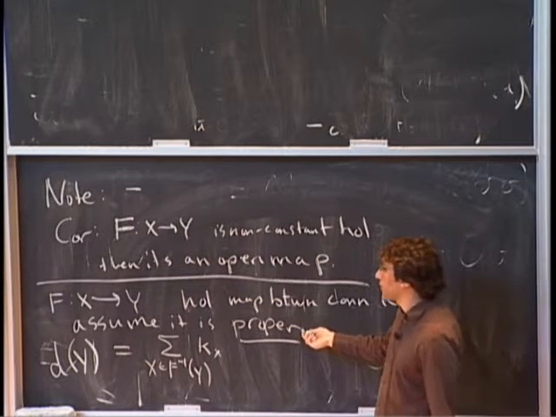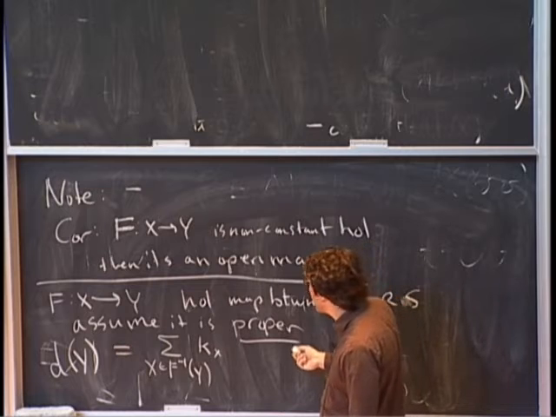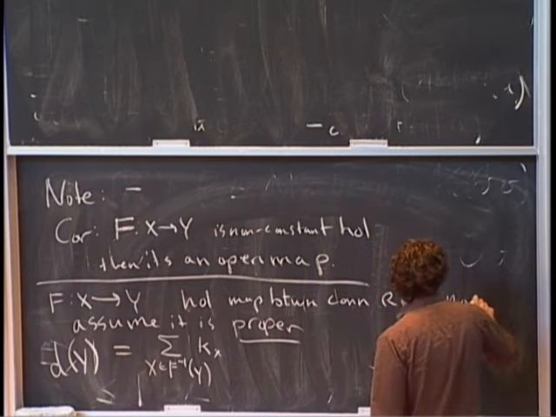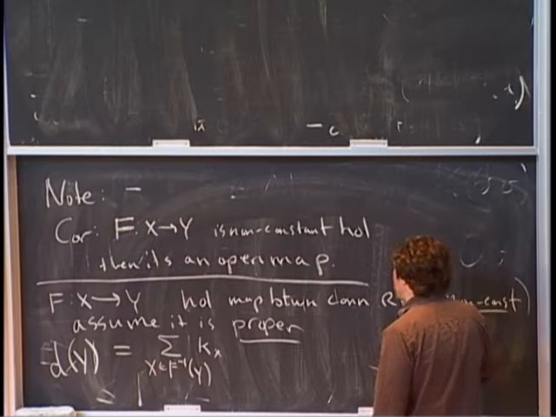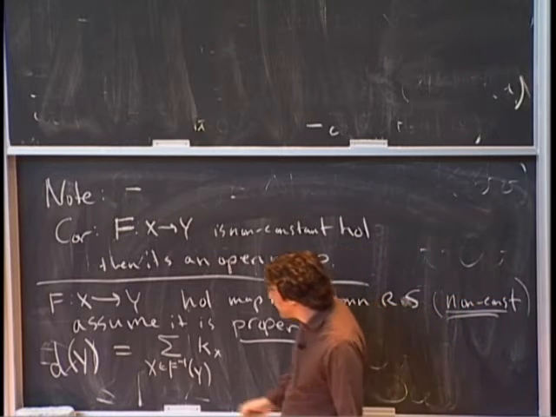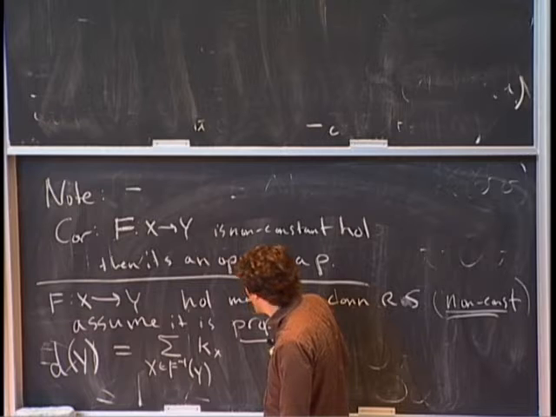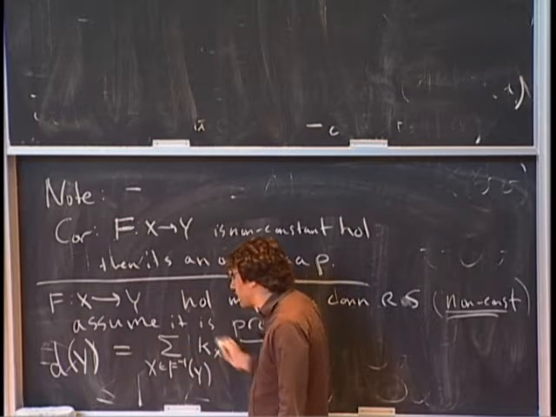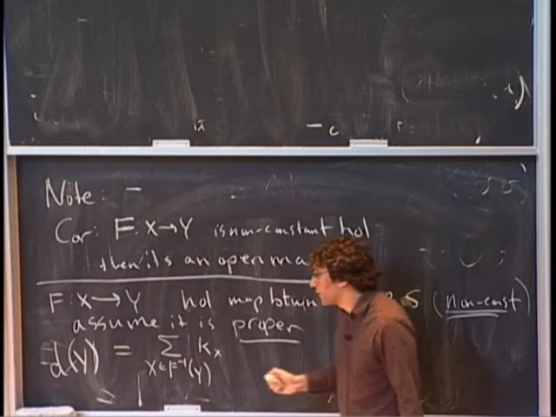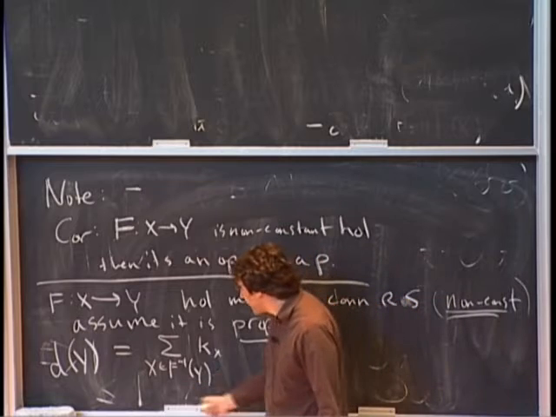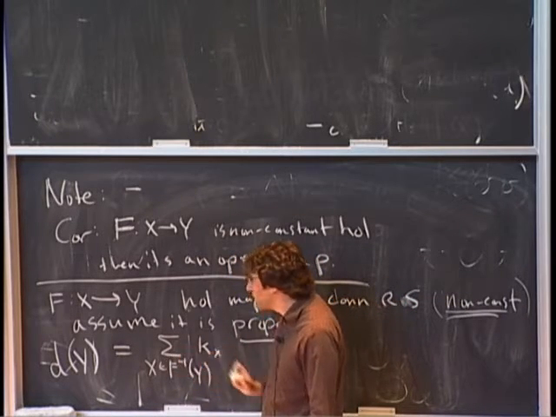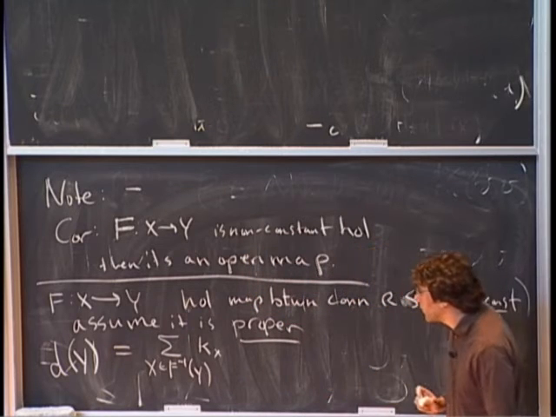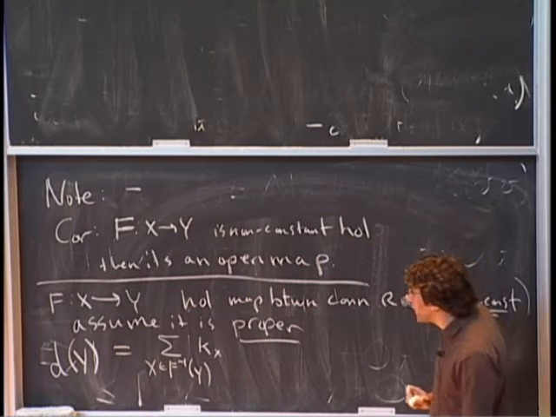So the importance of this assumption that the map is proper and non-constant is that it's going to make this a finite sum. You always have to be a little worried when you're summing over something that your sum makes sense, and the point is this is going to be a finite sum, so it will make sense.